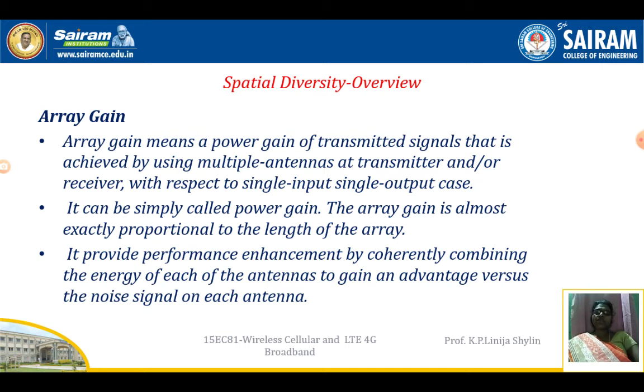It can simply be called power gain, and in most places it is represented by PG. If it is a receiver power gain, it is PRG. If it is a transmitter power gain, it is represented as PTG. This array gain will be proportional to the length of the array.